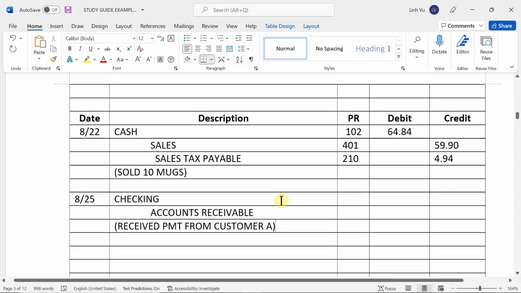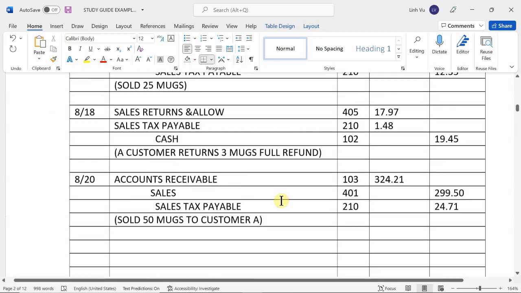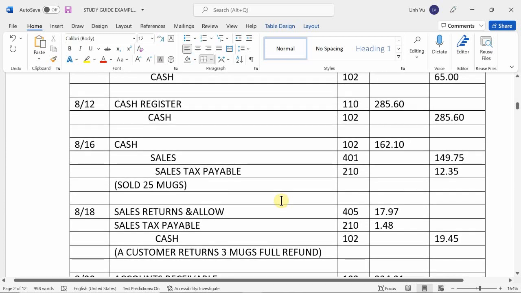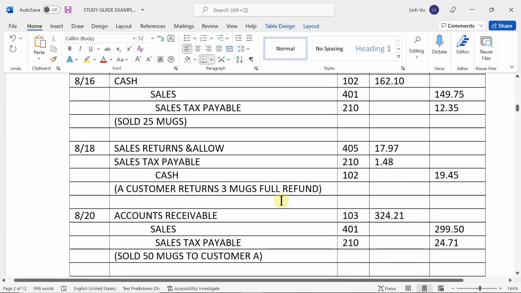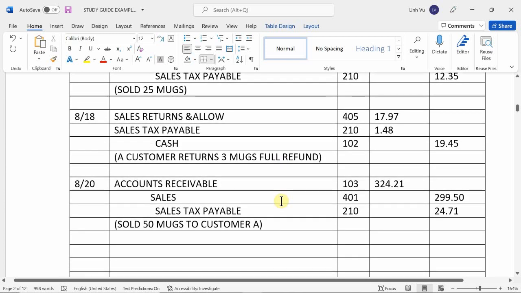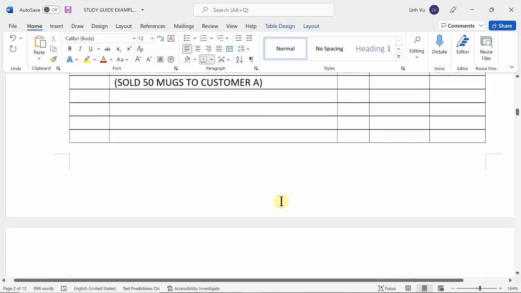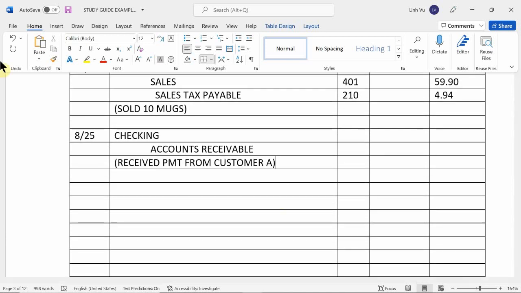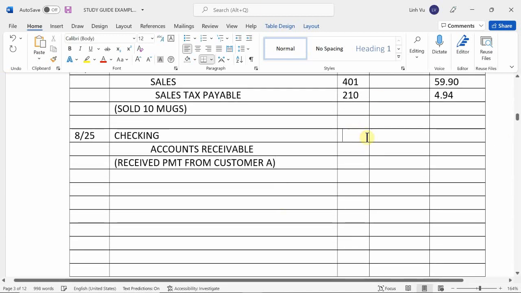You can either look back of when we sold to customer A, okay? Or you can go ahead and go to the accounts receivable to find out how much they owe me. But in this case, it's $324.21. $324.21 is what I'm going to be receiving.